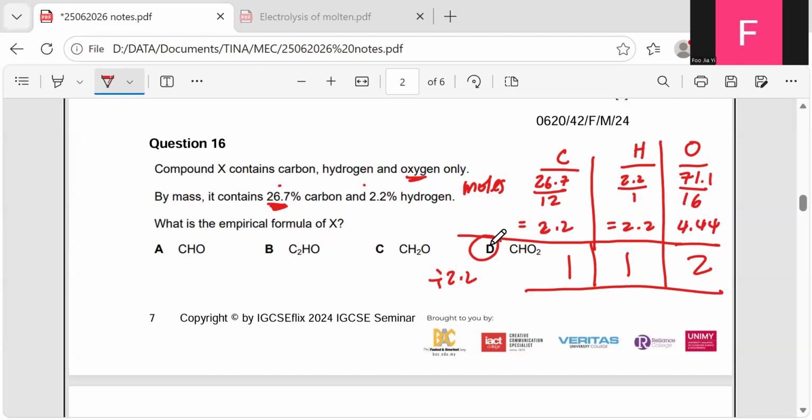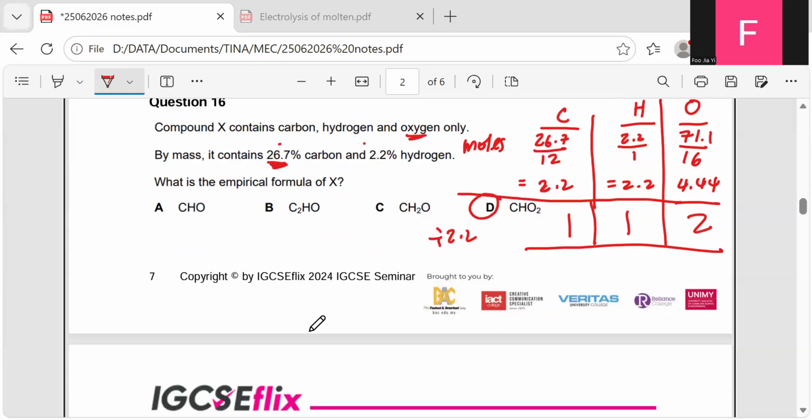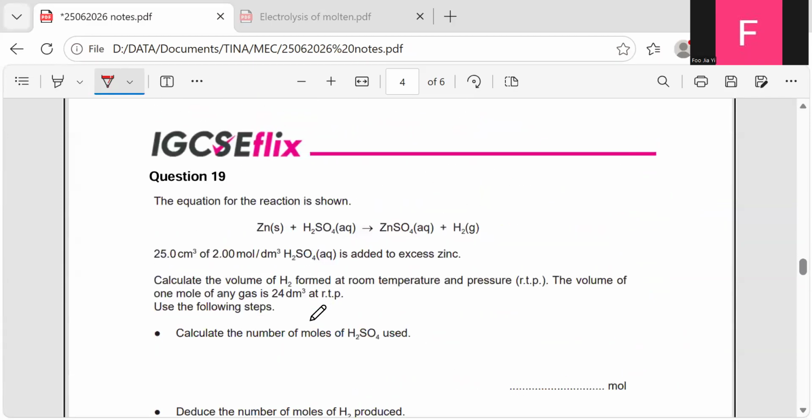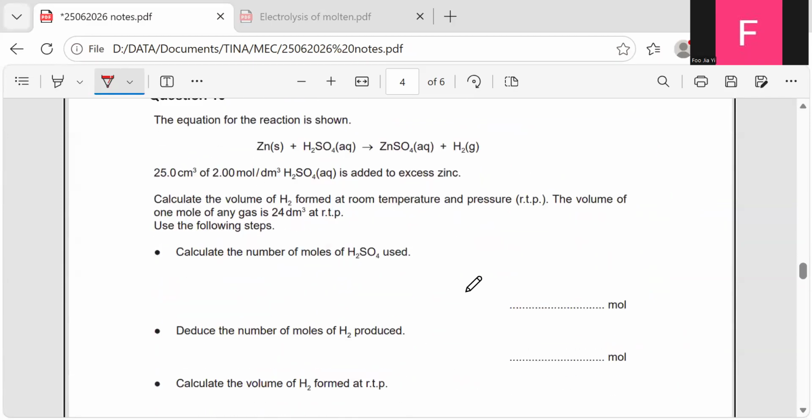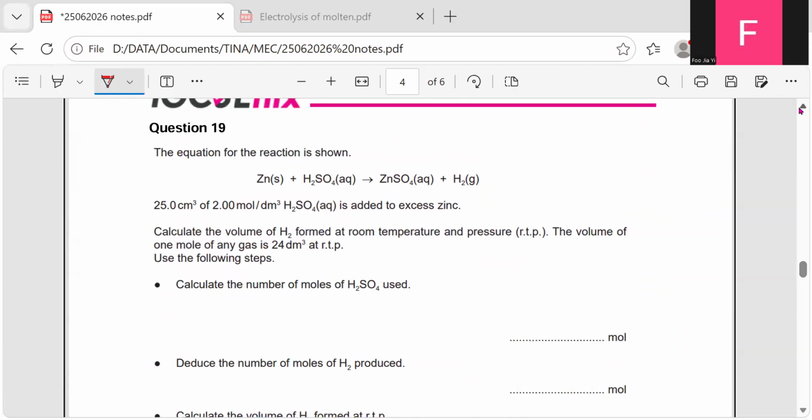We're only going to do one more question. Alright. Can you all please try question 19? Remember, look at the unit, what formula to use. This one is 25 centimeter cube, 2 mole per decimeter cube.